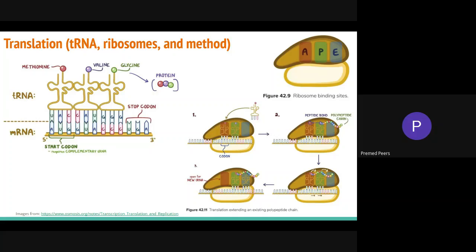That's true. And also know that sometimes you can have a substitution that does not change the amino acid because of what is called wobble pairing. At that last base, it can change a little bit and still result in the same amino acid.